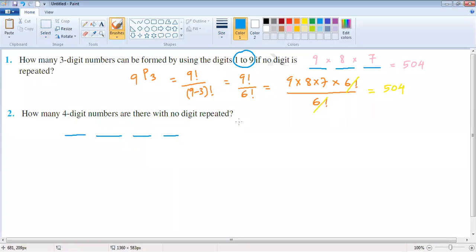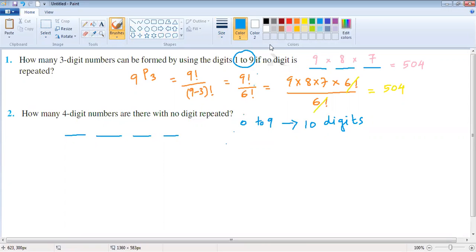So normally digits are from 0 to 9, total 10 digits. Okay, so we can use the fundamental principle of counting, or at the same time we can use permutation also. दोनों वे में आपको दिखाता हूँ. So there are 10 digits, 0 to 9.